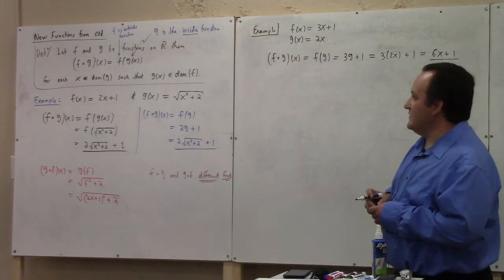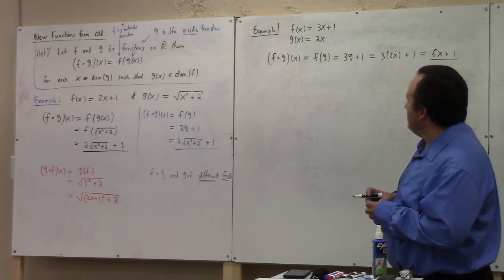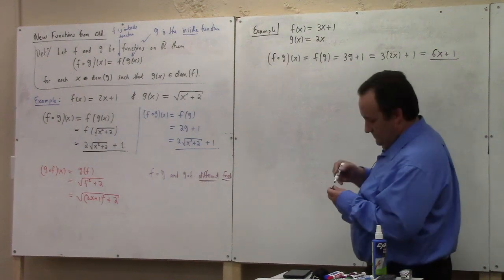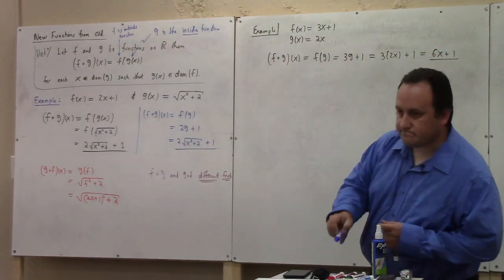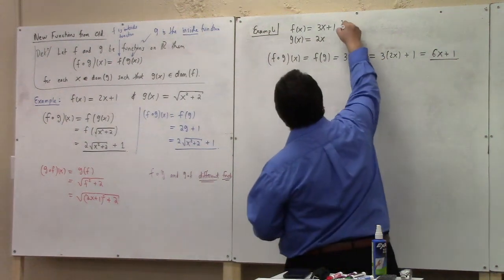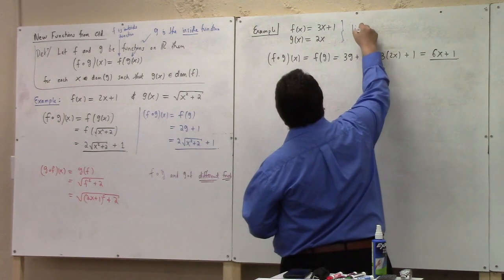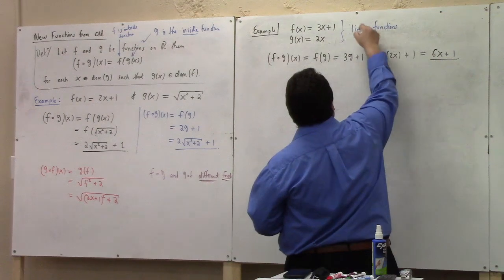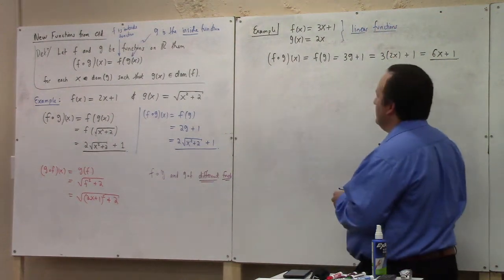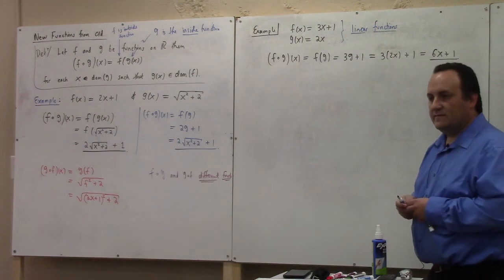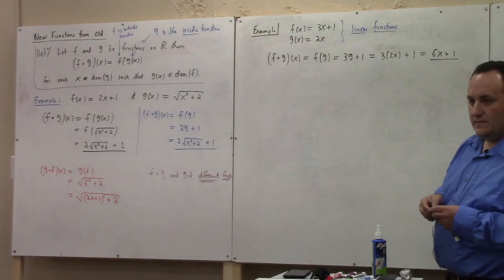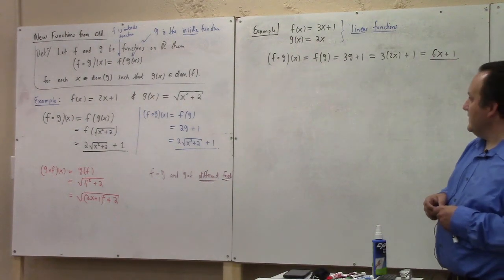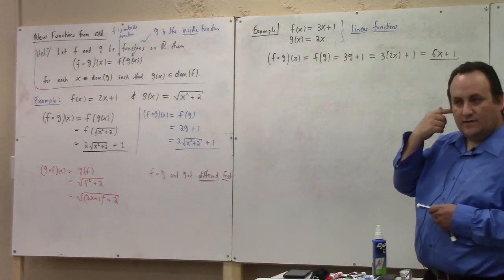By the way, this is an example of a kind of neat pattern. Both of these are what? These are linear functions, right? What's the slope of the first one? 3, and the slope of the inside function is 2.